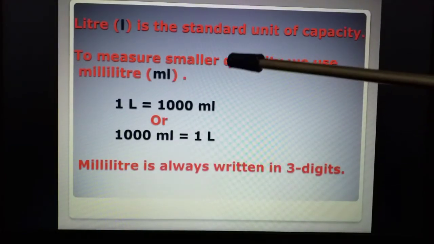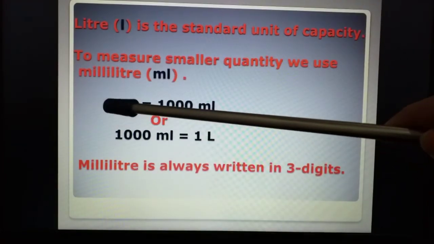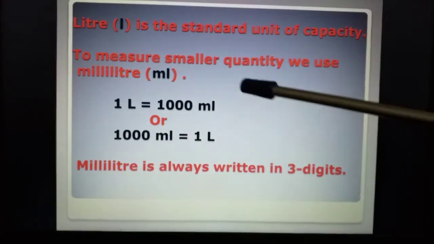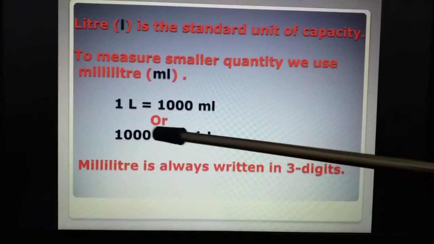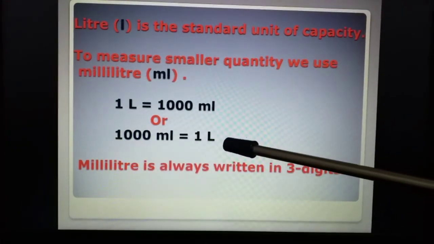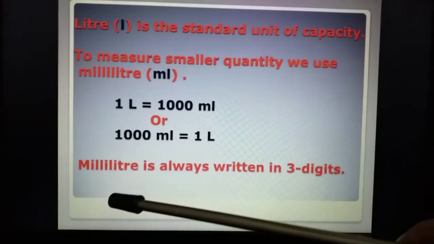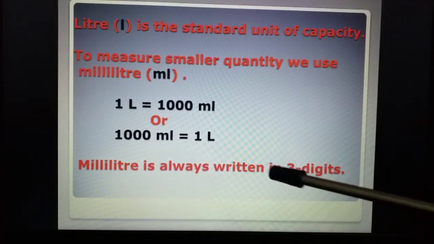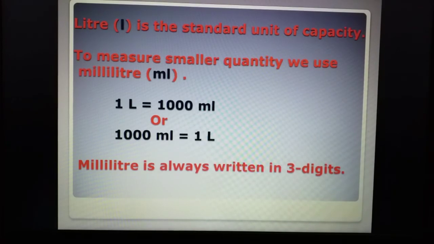And the relationship between liter and milliliter: 1 liter is equal to 1000 milliliters or 1000 milliliters is equal to 1 liter. And remember this, milliliter is always written in 3 digits.